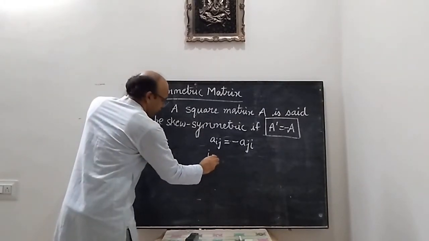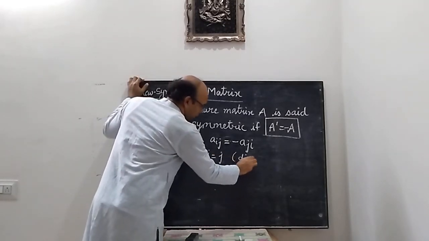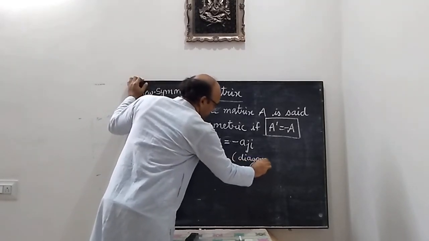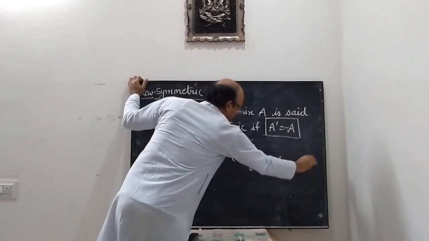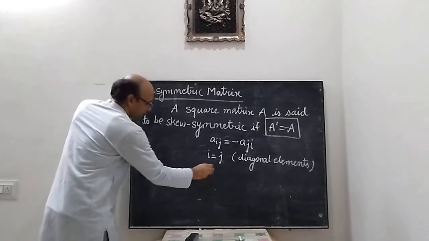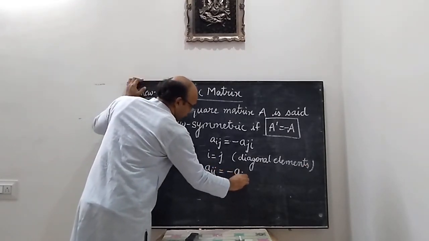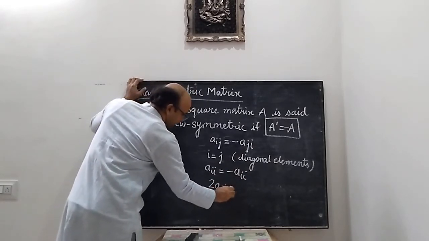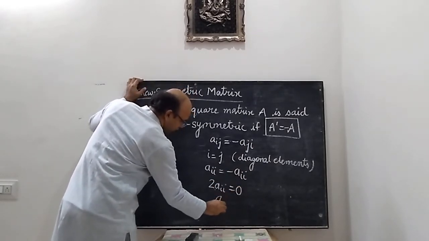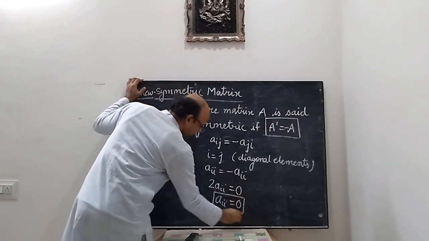If we take i equal to j, that means we are talking about the diagonal elements. Then aii is equal to minus aii, or 2 times aii is equal to 0, or aii is equal to 0.